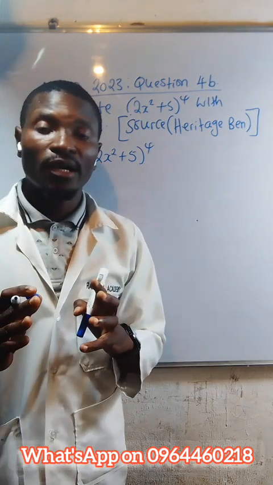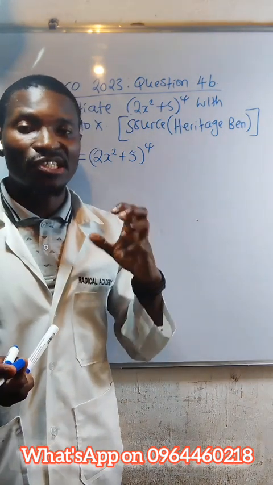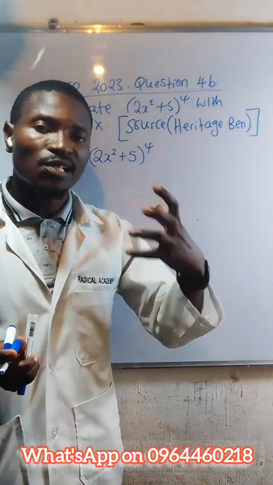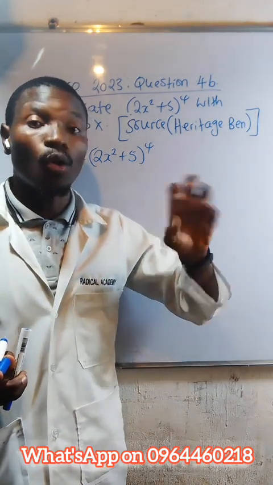This is where you are going to use what is called the chain rule, also known as the composite function.